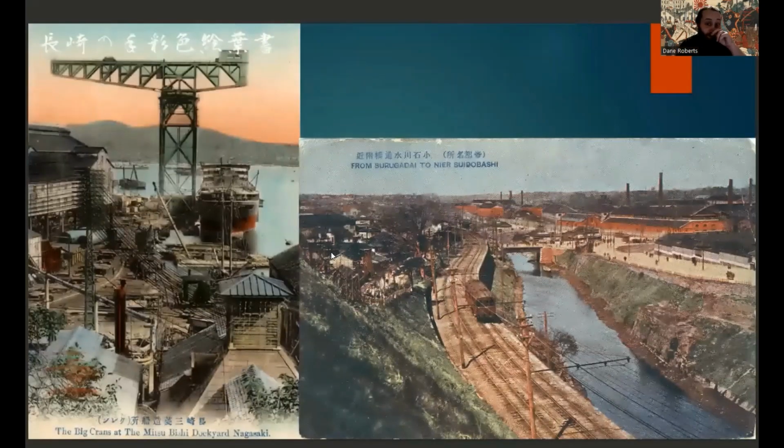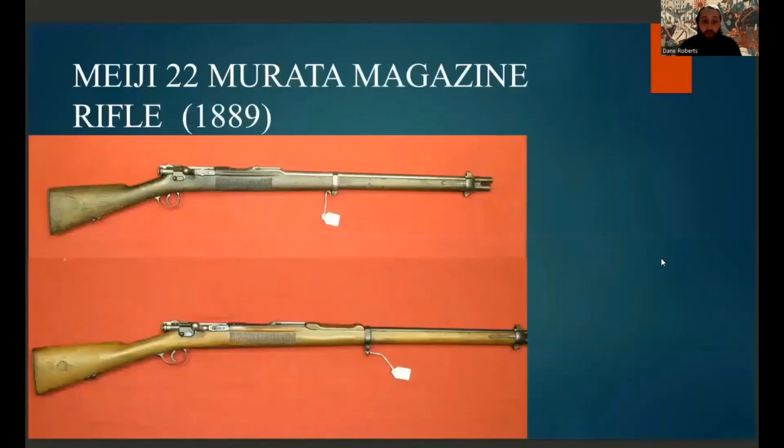And so here are these arsenals and armories and naval bases and naval factories. And this is the rifle in question that the imperial military began to manufacture as the standard weapon for the Japanese army.